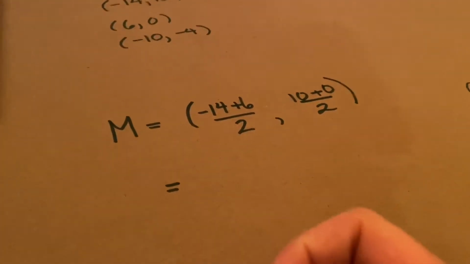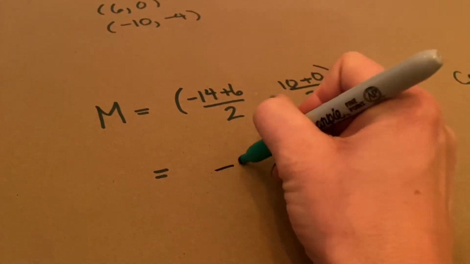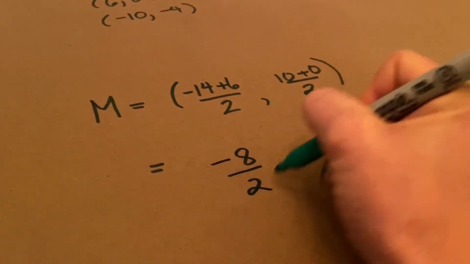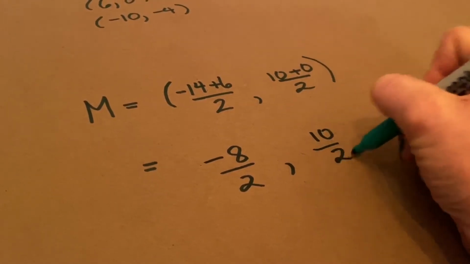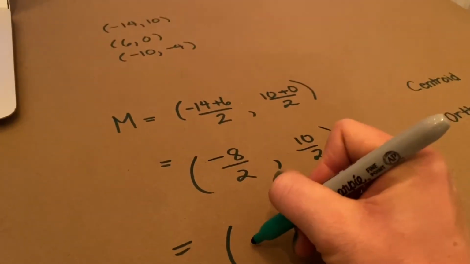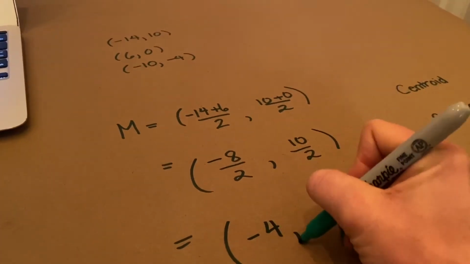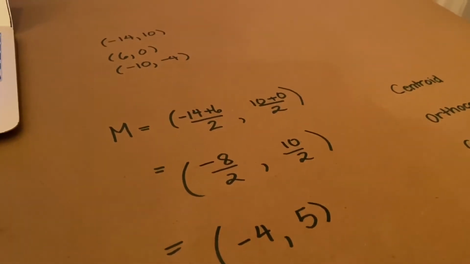I'm doing my math. -14 plus 6 is -8, over 2. 10 plus 0 is 10, over 2. So my midpoint is going to be -4, 5. So that's our first midpoint that we need to use.